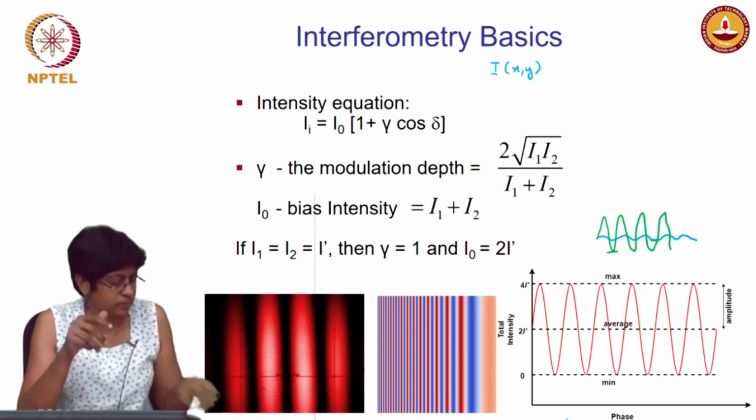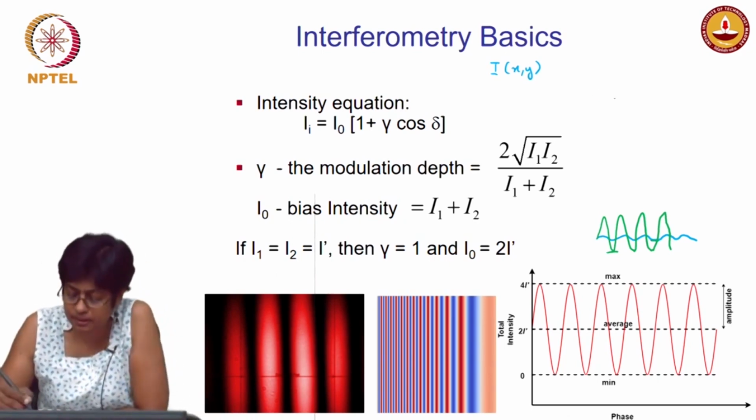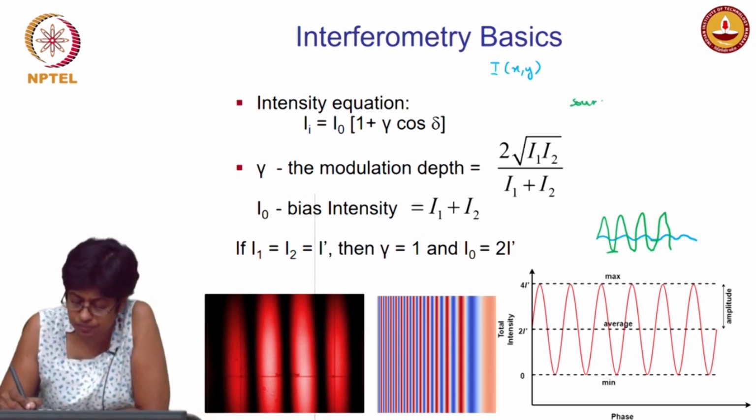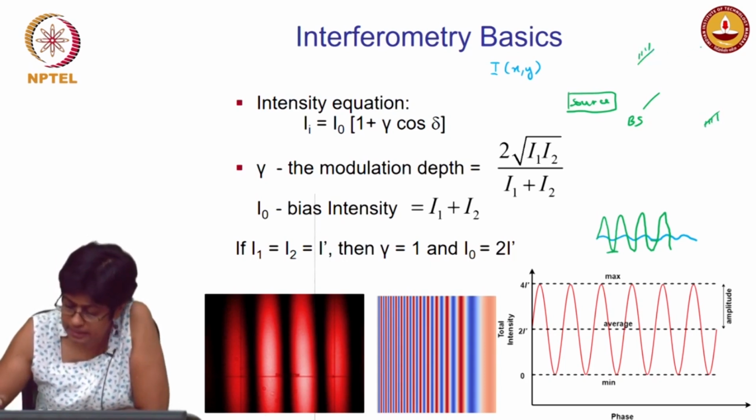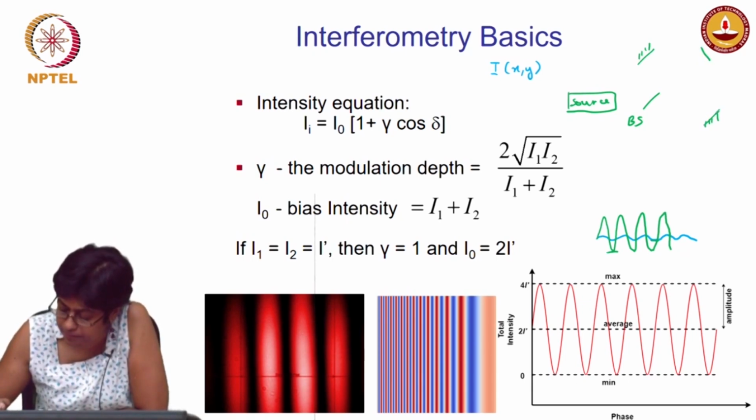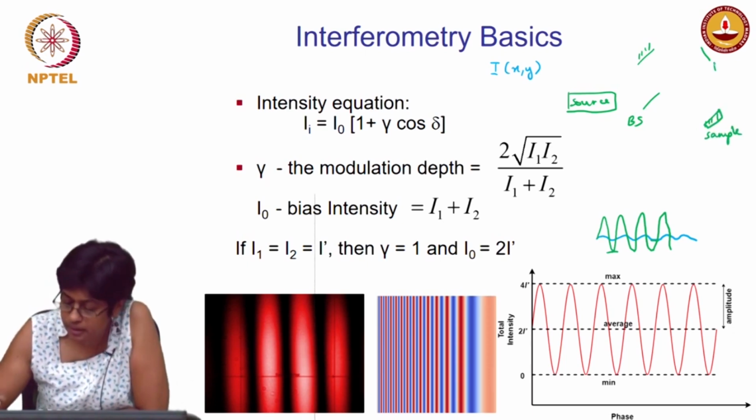Think of the setup. Let's say I had a setup like this. This is the source, beam splitter, mirror, and let's make this the sample, and detector.